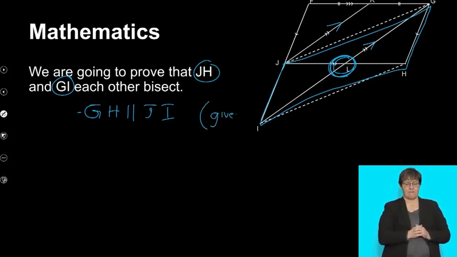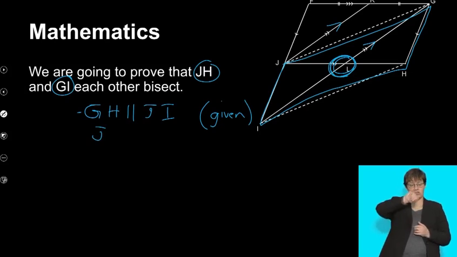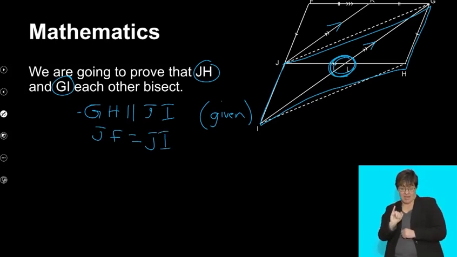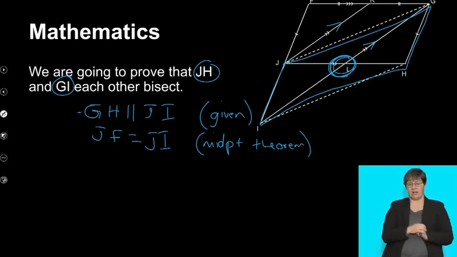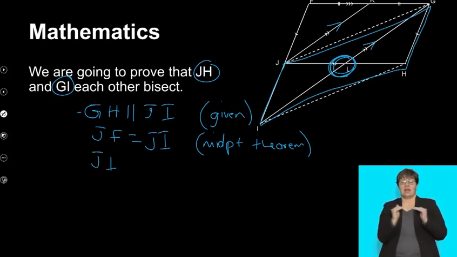And then we also know that JF is equal to JI, and the reason for this will be the midpoint theorem. Remember I said that's where we can apply it, the midpoint theorem. And then based on this, we know that JI is equal to GH.